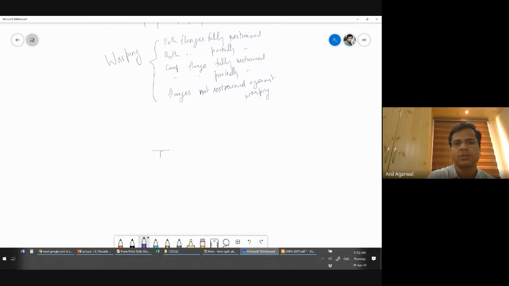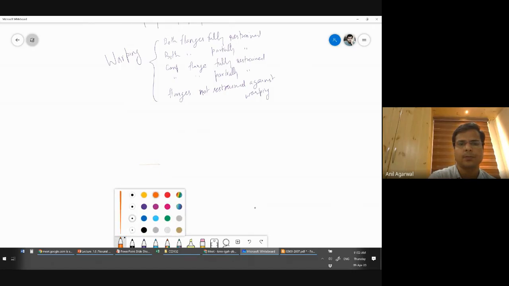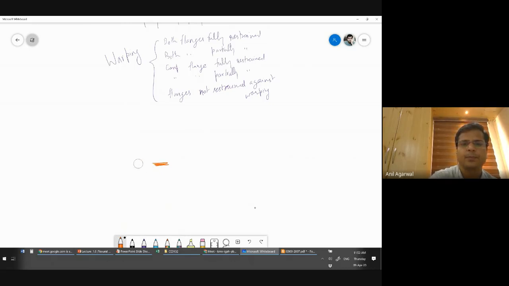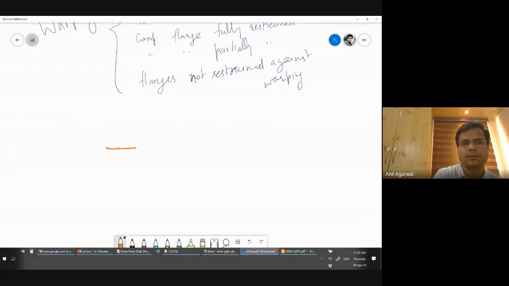A beam that was a straight beam before, with an undeformed shape like this, after lateral torsional buckling would be shifting laterally and rotating, and it will be somewhere here with this deformation. Correct?